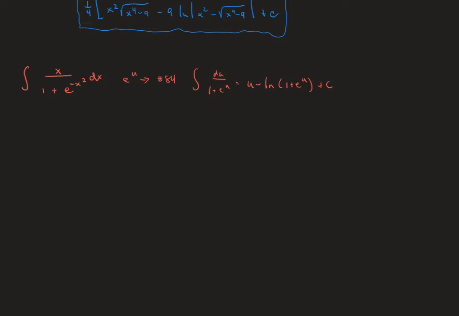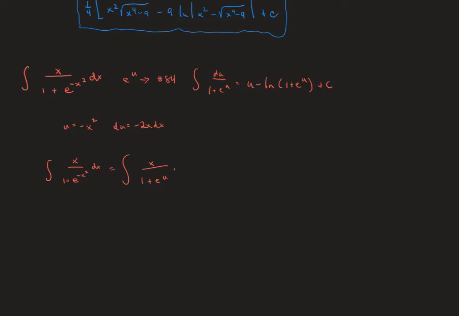So in our scheme then, the u is going to be that exponent, negative x squared, and that's going to make du equal to negative 2x dx. So our integral, x over 1 plus e to the negative x squared dx, is going to become, well, we'll leave that x for a moment, and we'll call that 1 plus e to the u.